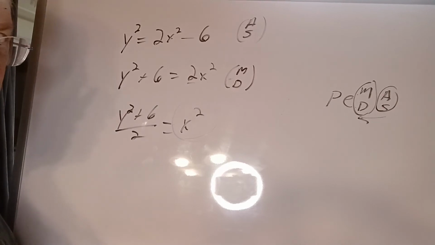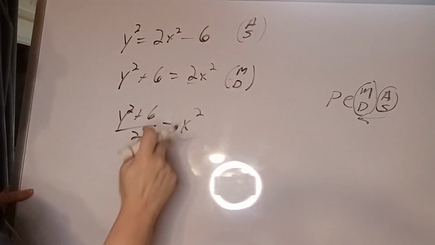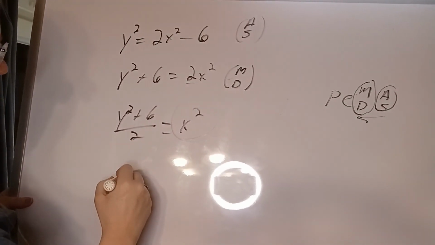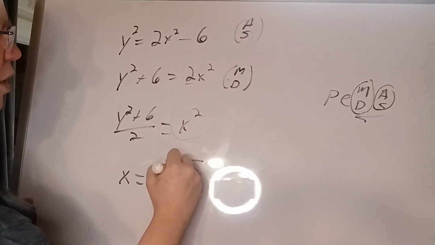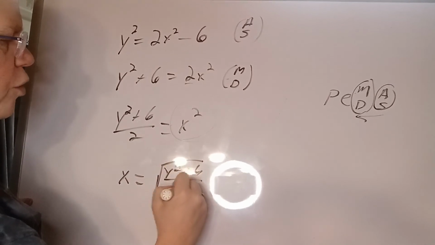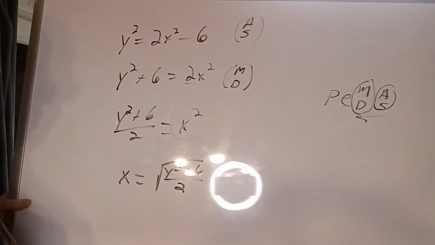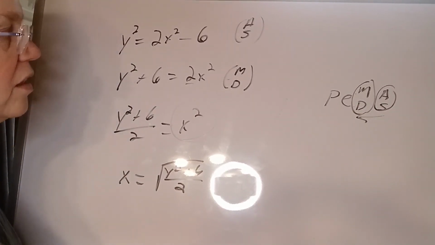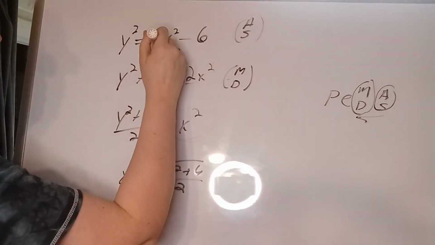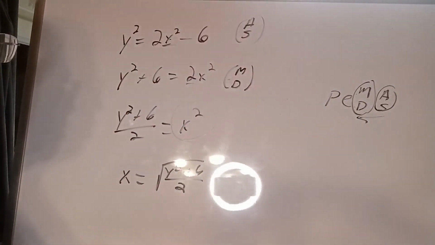Everything else can stay the same. So now we take the square root of that. x equals the square root of (y squared plus 6) over 2. So there can be adding and subtracting or multiplying and dividing of things, but unless it's attached to this x, we don't care.